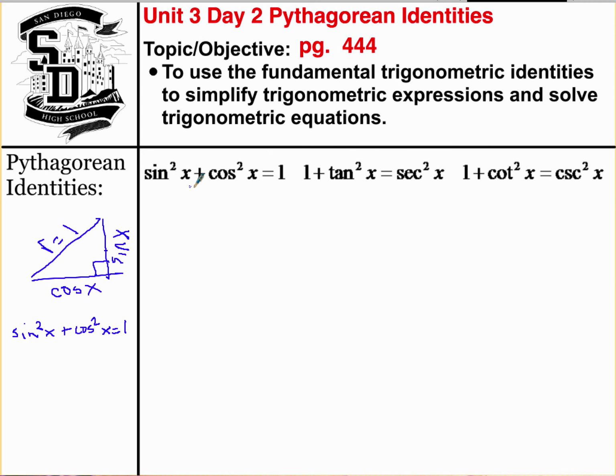Now, if I divide everything here by cosine, and specifically cosine squared, then what I would get is sine squared divided by cosine squared, which is tangent squared.